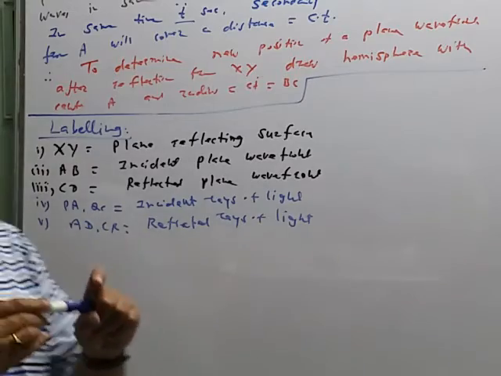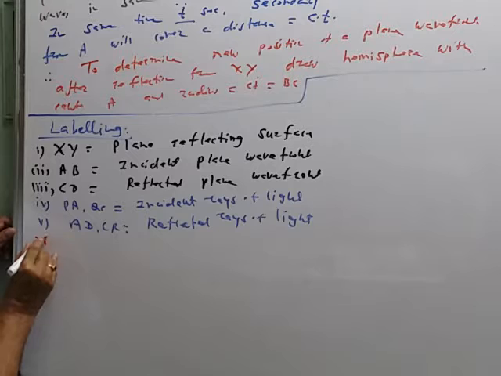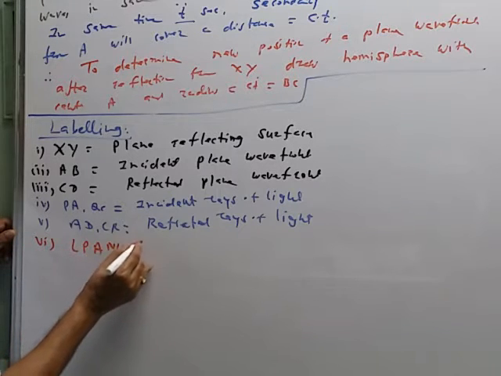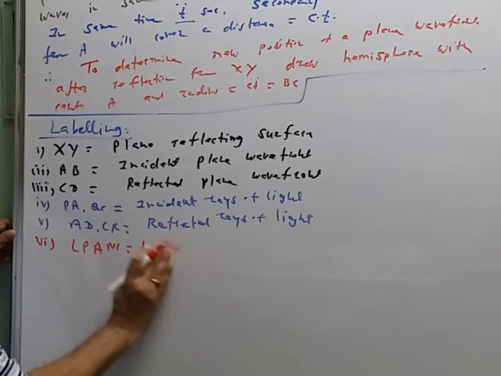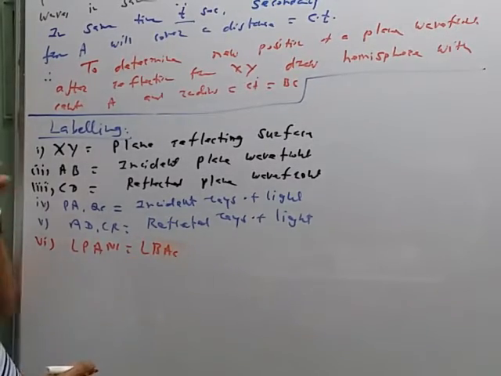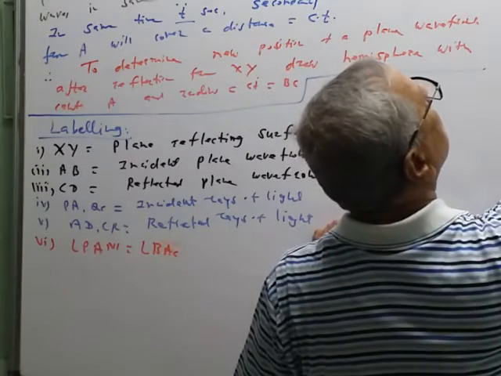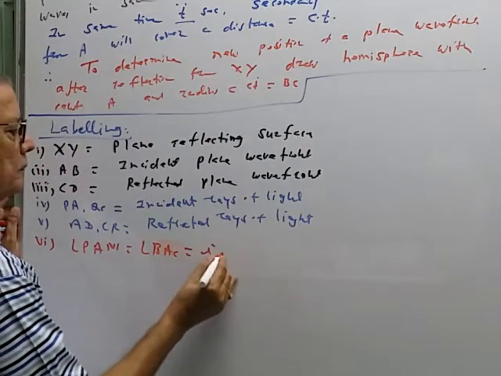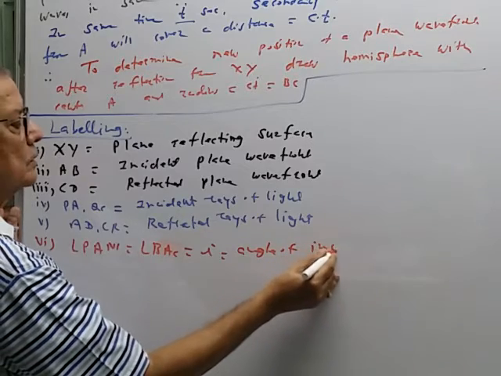Rays of light. Then sixth, angle PAM is equal to angle BAC. फिगर मध्ये बघा, this is also I. I is equal to angle of incidence.